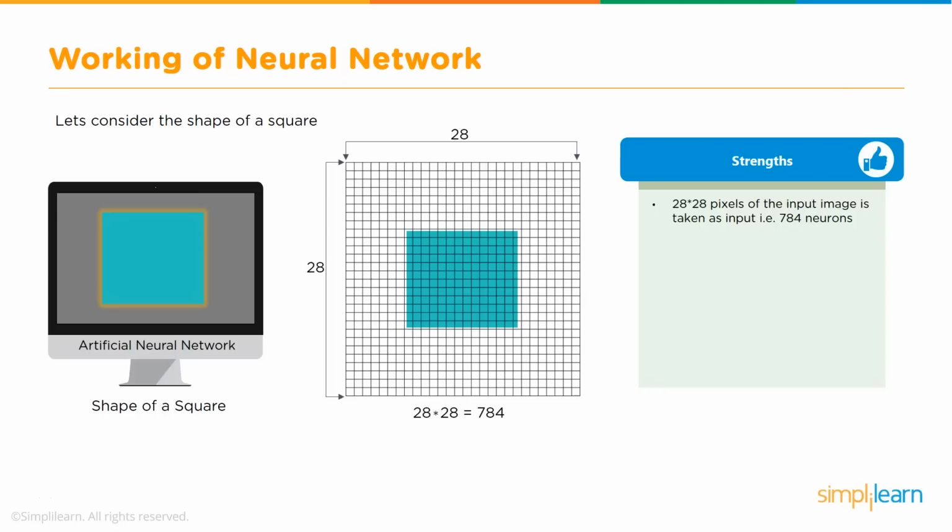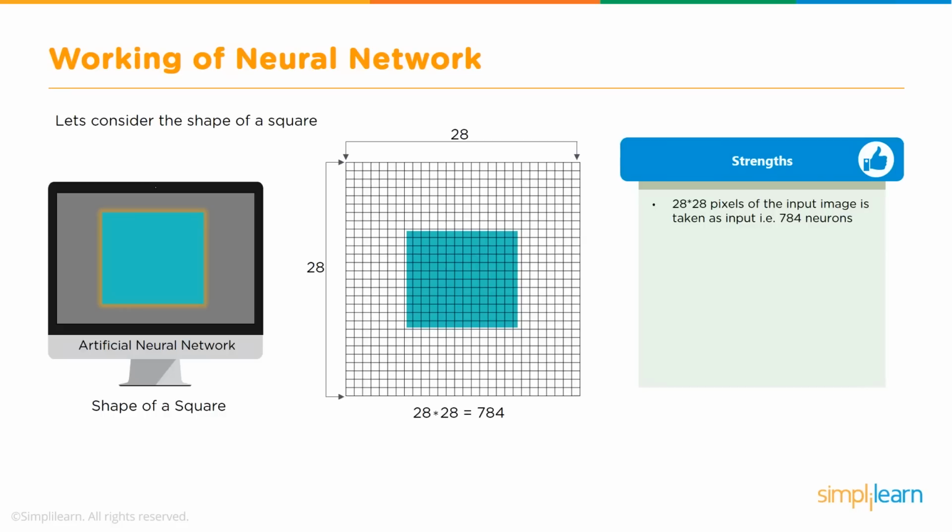There is a certain way in which the pixels are lit up, and these pixels have a certain value, maybe from 0 to 256, where 0 indicates that it is black or dark, and 256 indicates it is white or lit up. So that is a measure of how the pixels are lit up. And this image consists of information of 784 pixels.